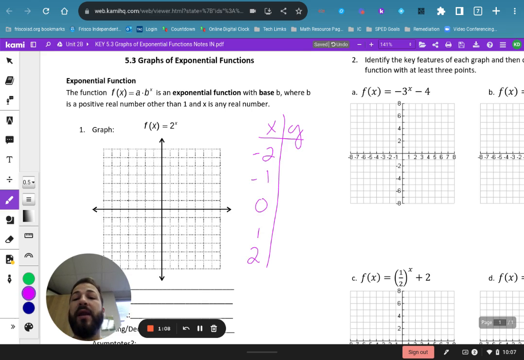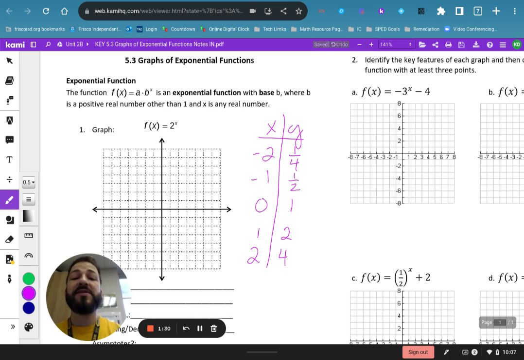So plugging in -2, that would be 2 to the -2, which would be 1/4. Plugging in -1, 2 to the -1st, which would be 1/2. 2 to the 0, like anything to the 0 power, would be 1. 2 to the first would be 2. And 2 to the second would be 4.